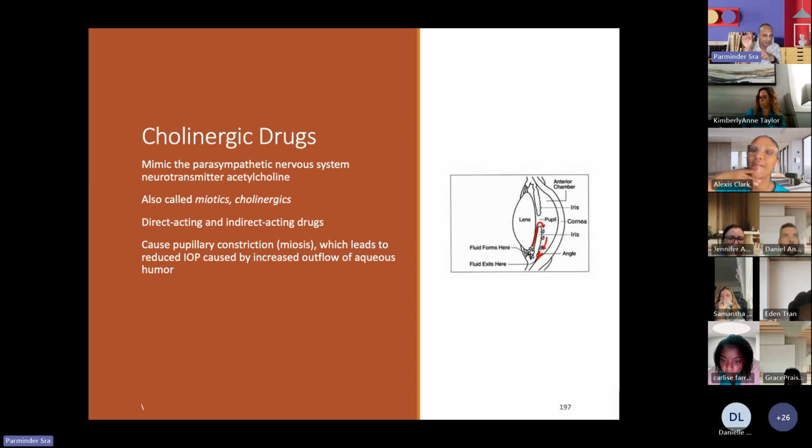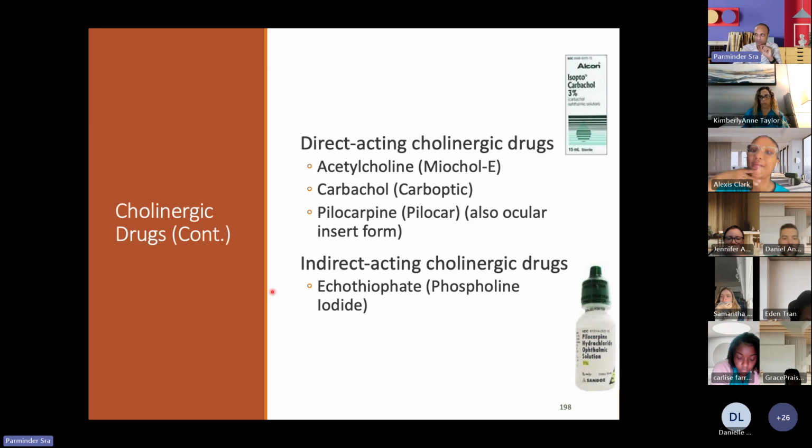So for cholinergic, we know how it works. Stimulating the muscarinic receptor, contraction of the ciliary muscle, in simple words, increasing the outflow of the aqueous humor and decreasing the intraocular pressure. Examples, pilocarpine and carbachol. This is how they look.